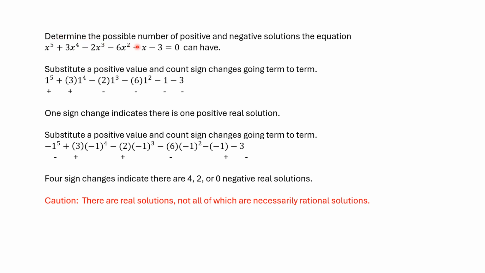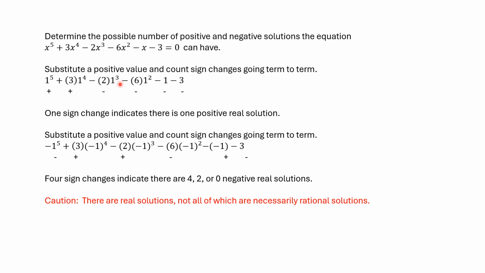Determine the possible number of positive and negative solutions of the equation x to the 5th plus 3x to the 4th minus 2x cubed minus 6x squared minus x minus 3 equals 0. I'll plug a positive number in. I like 1. 1 to the 5th is positive. 3 times 1 to the 4th is positive.